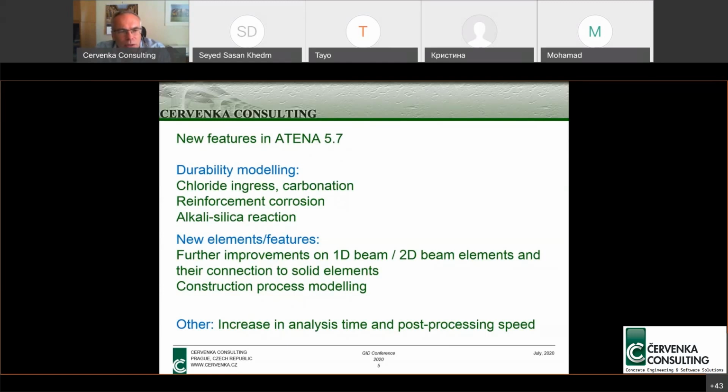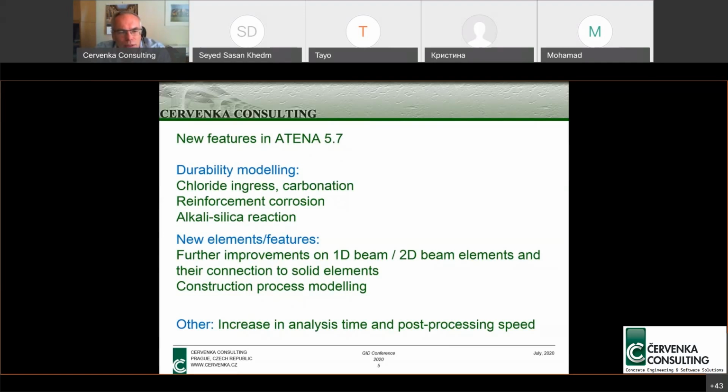There we can simulate the chloride ingress into the structure or the carbonation. And as you know, the main effect of these chlorides or carbonation propagating into the concrete is reinforcement corrosion.